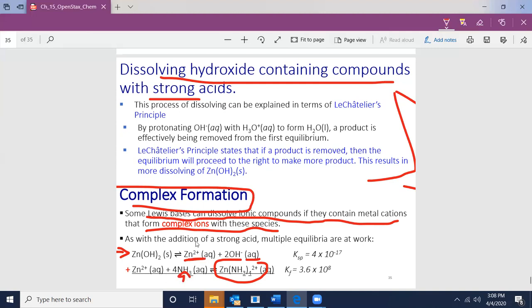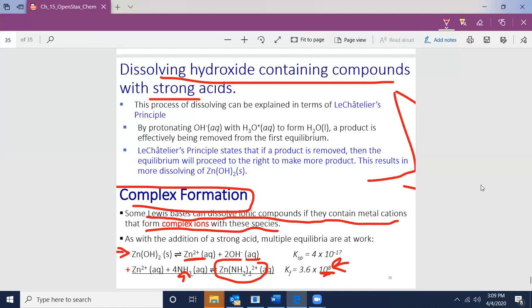The Lewis base is going to form a coordination complex, and you know the Kf for the coordination complex is so high. So when this is formed, this is a very strong product. It's going to stay there. So more and more zinc is going to react with the ammonia molecules, and this is how more and more zinc hydroxide is going to be dissociated into the respective ions.